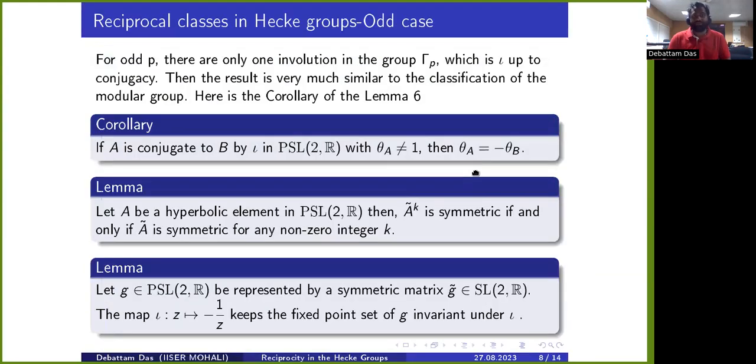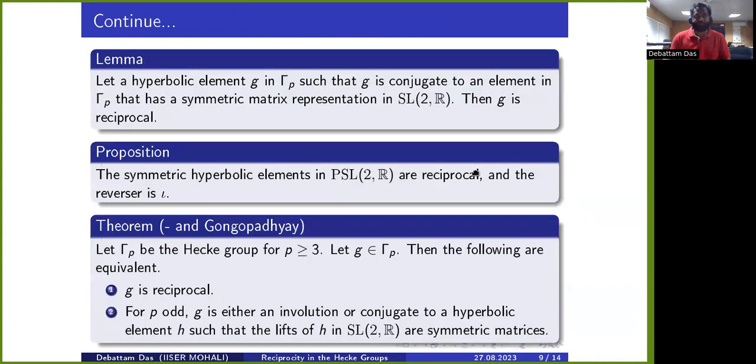Let g be an element of PSL2R represented by a lift g tilde in SL2R which is a symmetric matrix. Then the set of fixed points of g is invariant under iota.